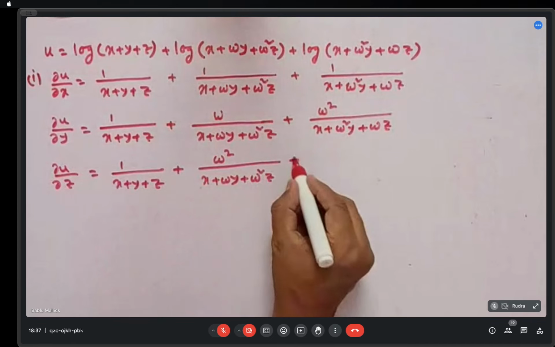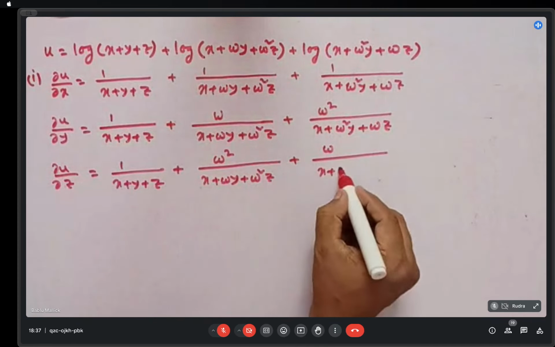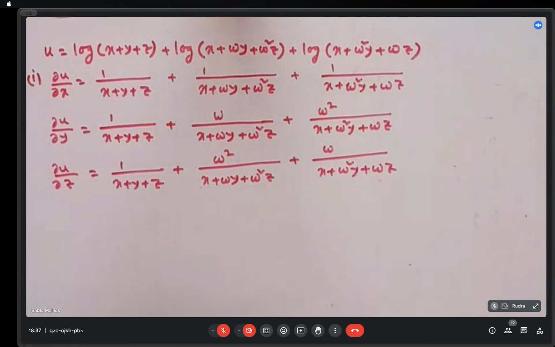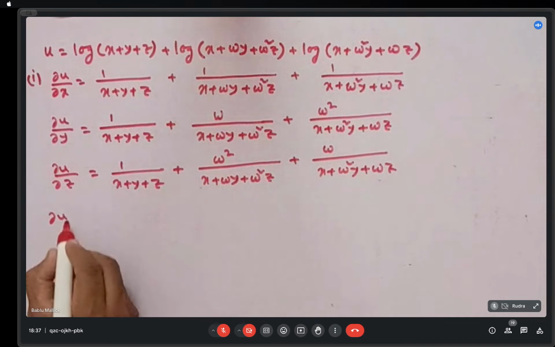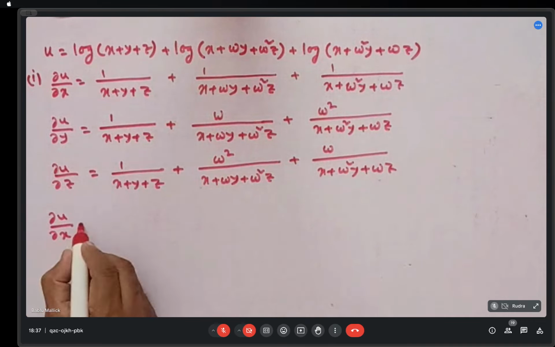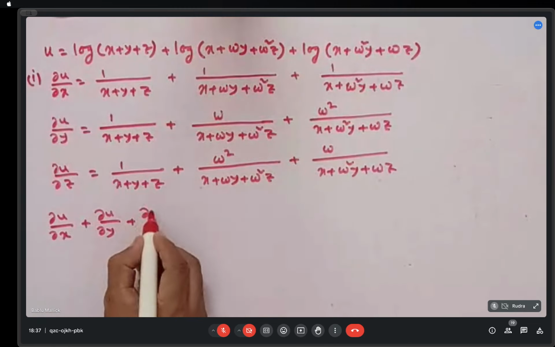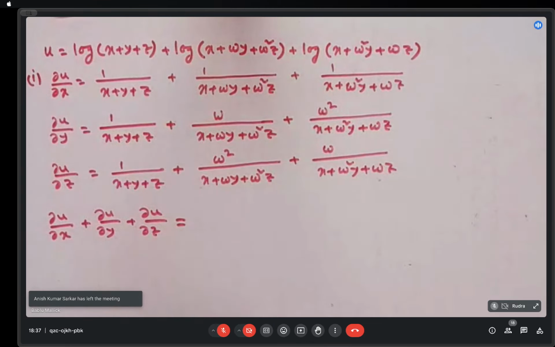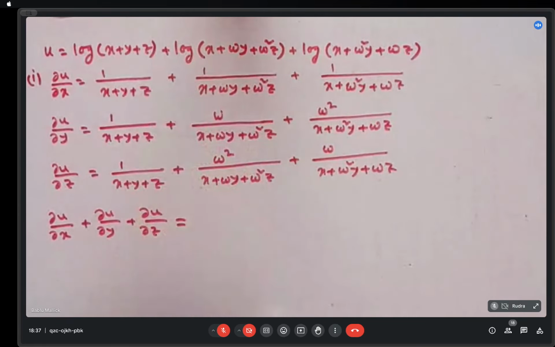This is equal to, what are we getting? If we add them, then these three addition will give you 3 divided by x plus y plus z plus this addition will become 0 because 1 plus omega square is 0 and third one is also 0 since 1 plus omega square is equal to 0. That is why it is 0. So this was the first question.